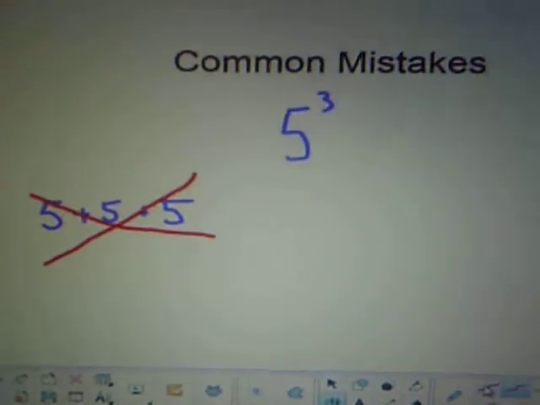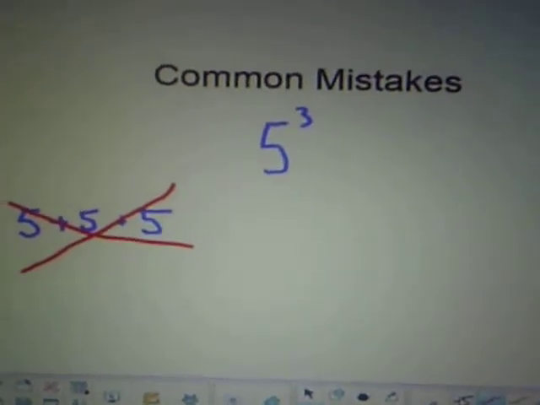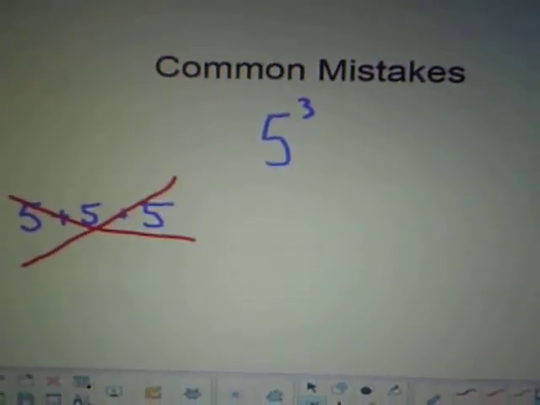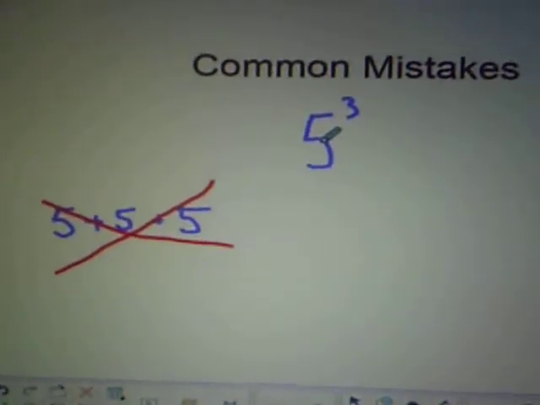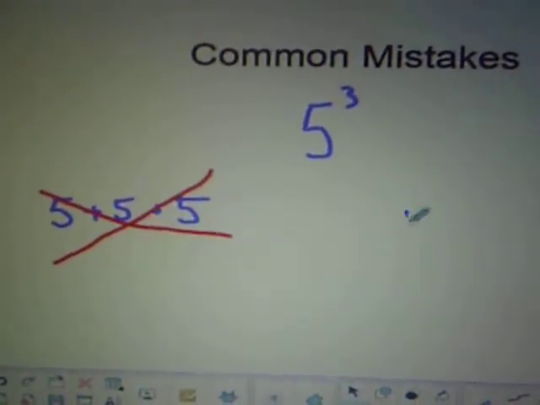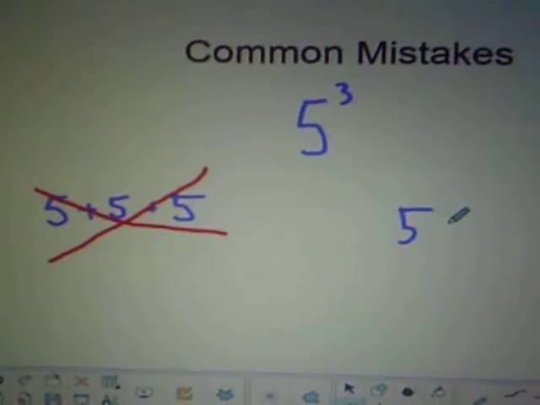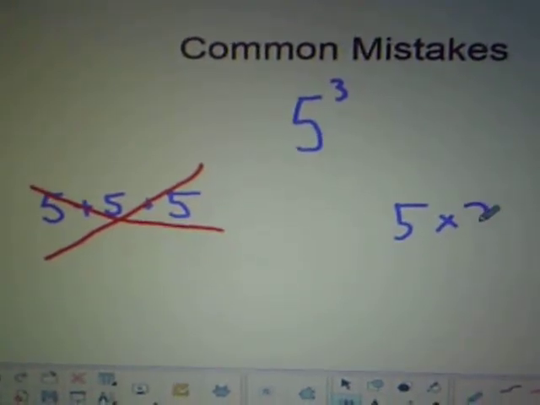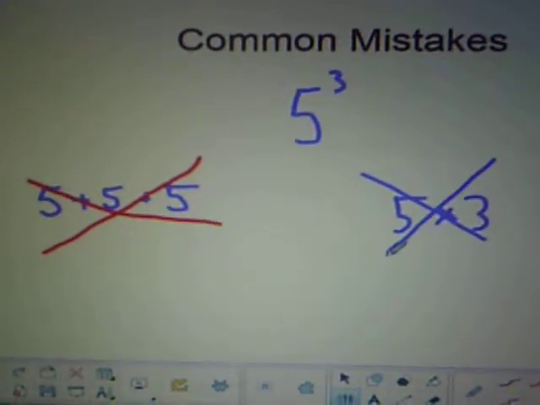Another, and actually an even more common mistake that students make, is that when they see 5 as the base number with an exponent of 3, they think that it's simply 5 times 3. This is also not the case.